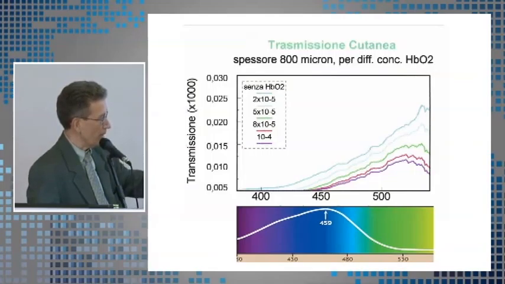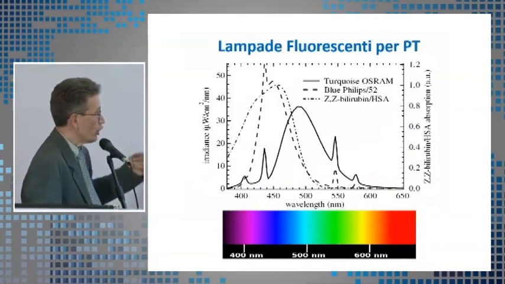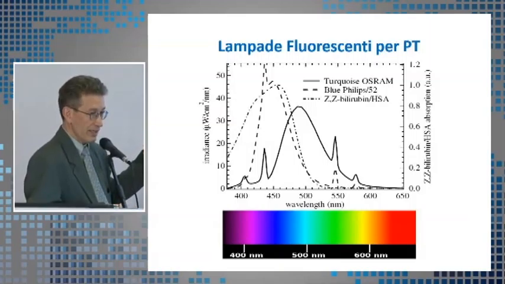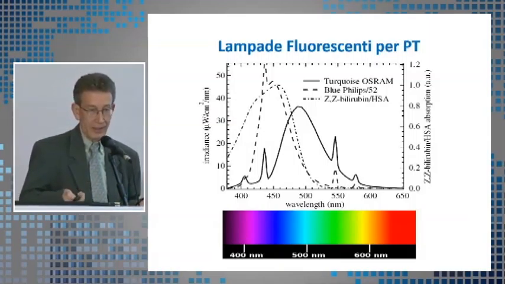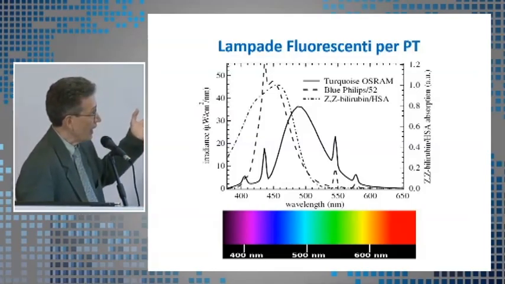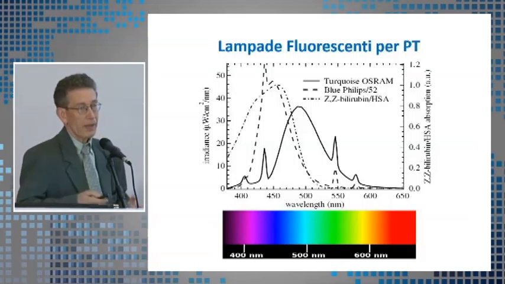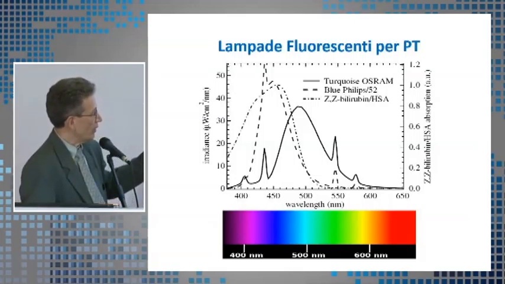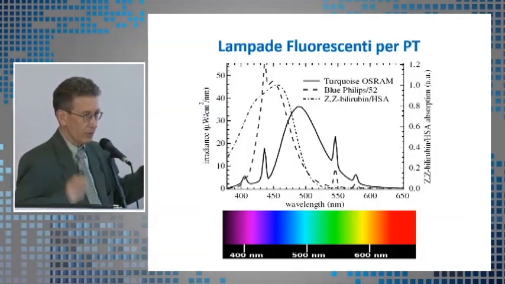And as you can see, the transmission increases as we get to 500, i.e. the green area goes up a lot. But the highest efficiency on newborns is around 480 nanometers, i.e. turquoise.